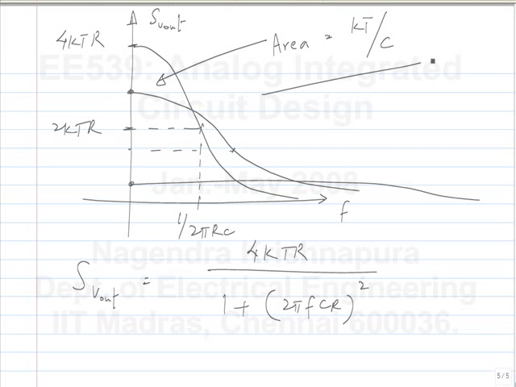So this result has a lot of implications on what the limit on noise in circuits is and so on. We'll do all of that after we completely discuss the noise models for different components. Okay. Any questions on this? How to calculate this and so on?